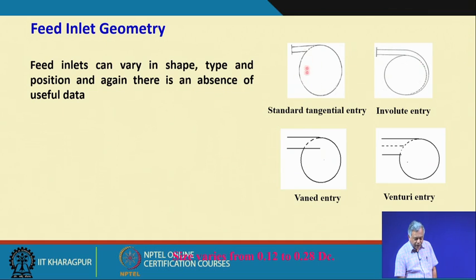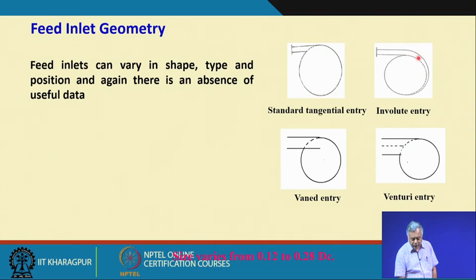What is happening in the case of standard tangential entry is that the fluid and the slurry is directly hitting the opposite wall, and this wall is prone to much more wear. Even the kinetic energy is being dampened because it is directly hitting the wall.